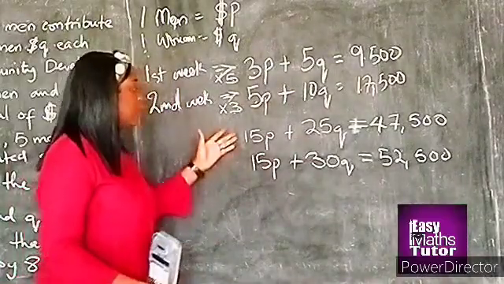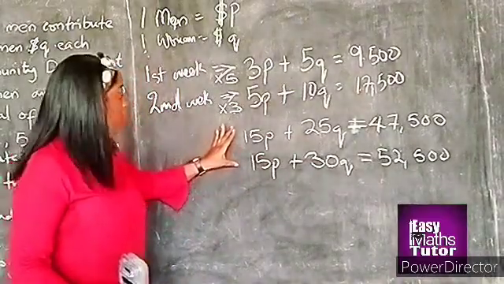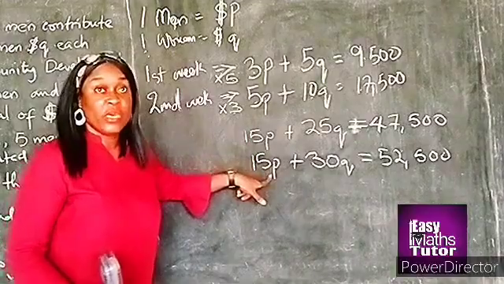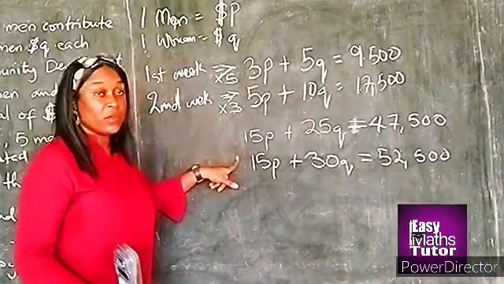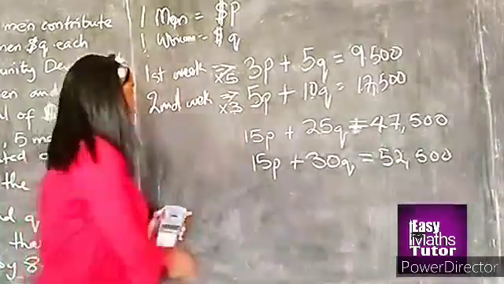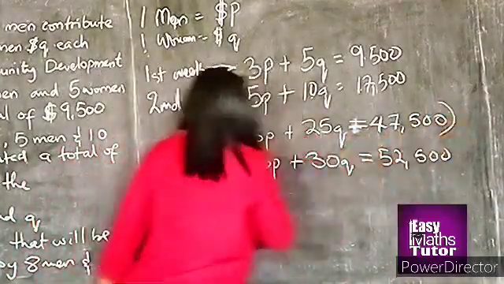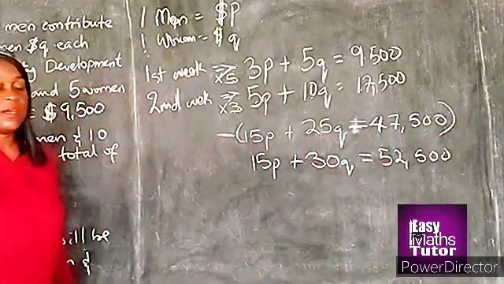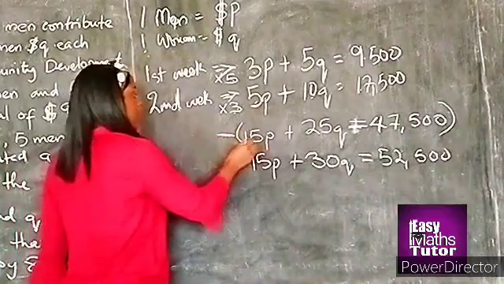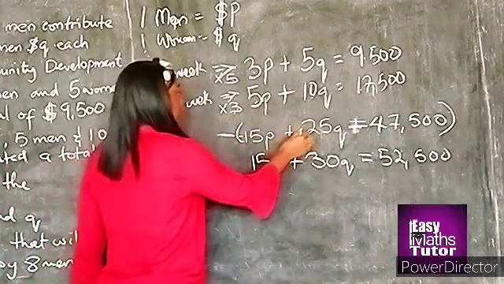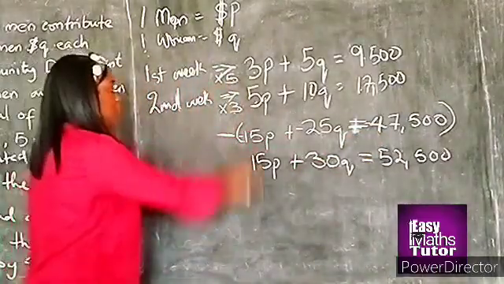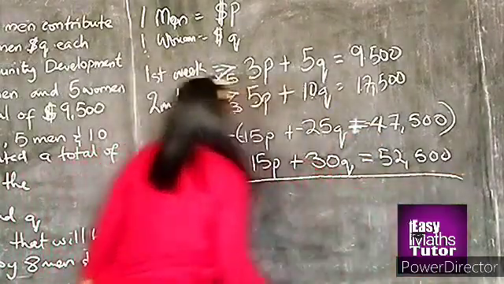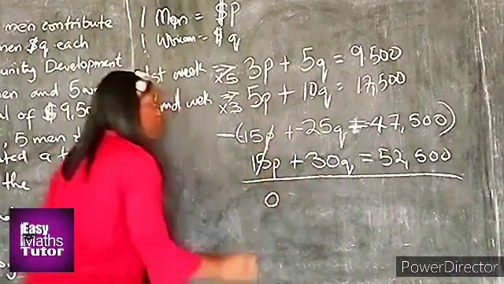So now we have a normalized equation that will help us eliminate the value of P. I'm going to subtract one equation from the other. If I put a minus here, it becomes minus 15P, minus 25Q, minus 47,500. So if we add up these two equations, the P becomes 0.